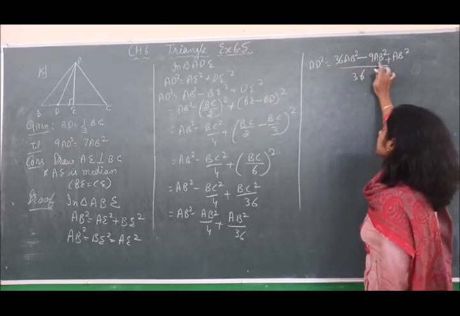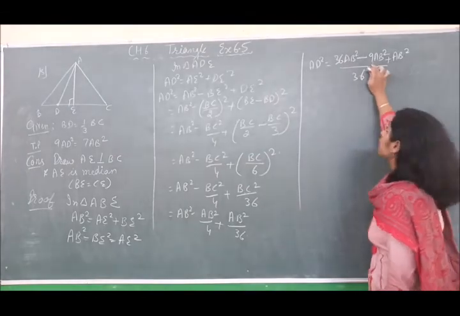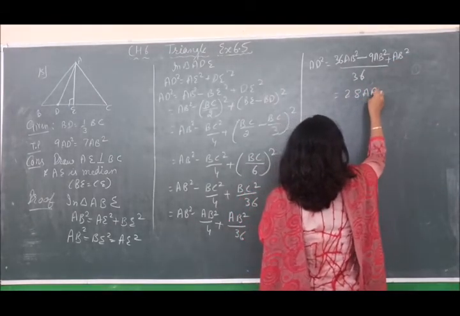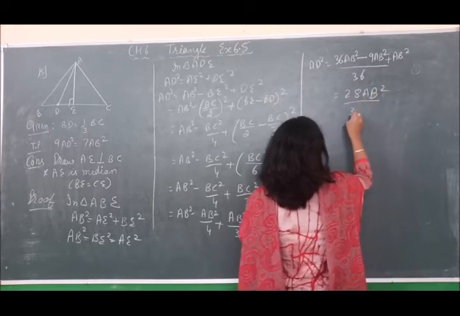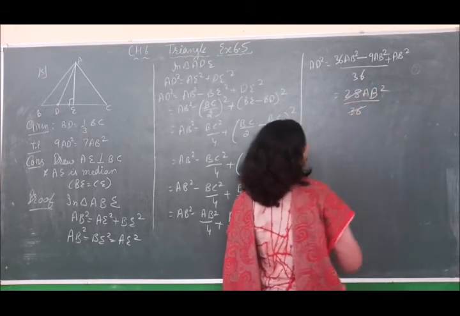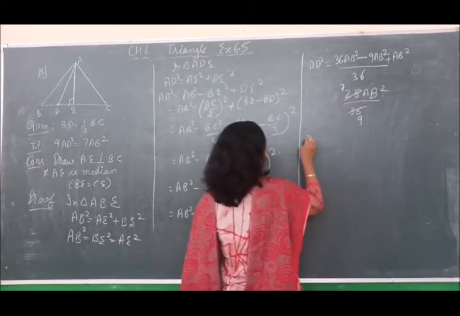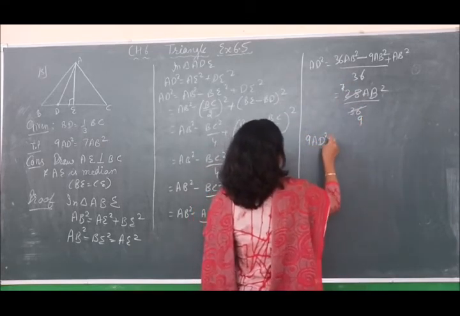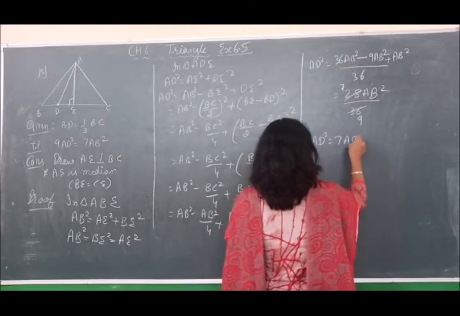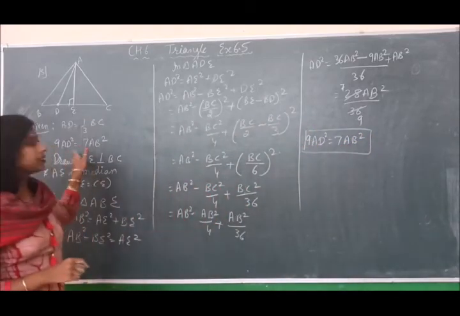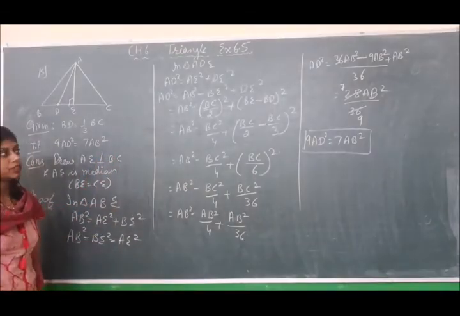Simplify it. 36 minus 9 is 27, 27 plus 1 is 28. AB square upon 36. Cancel by 4. Cross multiply, 9 AD square is equal to 7 AB square. So this is the result. We have to prove 9 AD square is equals to 7 AB square.